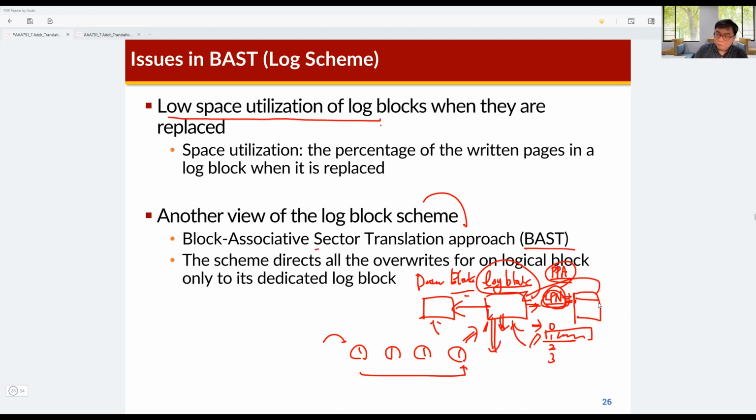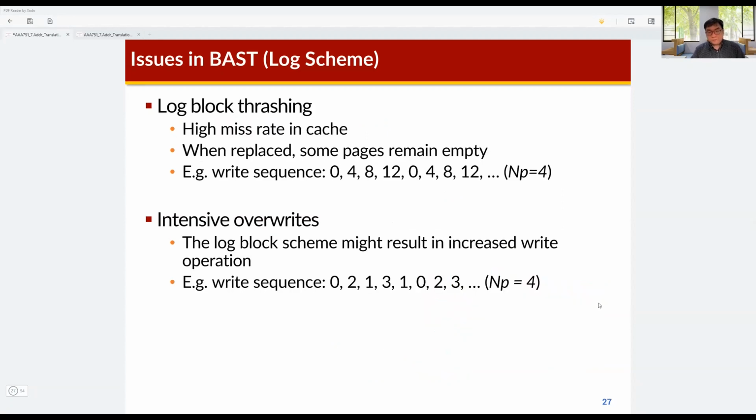So usually we call this log block scheme BAST. Because only one log block is associated to a data block, and the SSD, the flash-based storage device, just manages this log block based on the block-based association. Okay? So that's the problem.